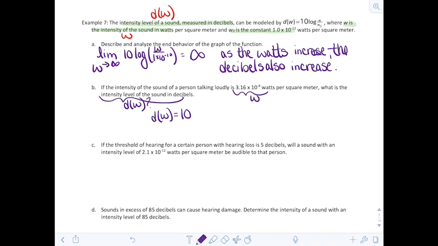So we're going to just plug that in, 10 times the log of 3.16 times 10 to the negative 8th divided by 1 times 10 to the negative 12th. Okay, and as we plug that in, we're going to get 44.99, which is about 45 decibels.